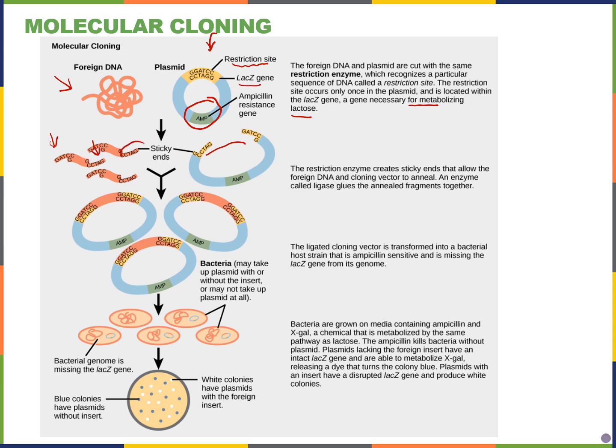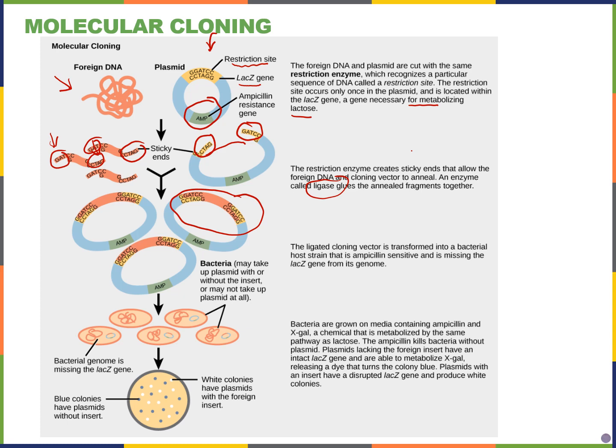And I can see the sticky ends of my gene of interest are complementary to the sticky ends generated by cutting the plasmid with the same restriction enzyme. So because bases are complementary to each other, where A pairs with T and G pairs with C, they will come together, and you can make sure the connection is permanent through using DNA ligase to glue the fragments together.